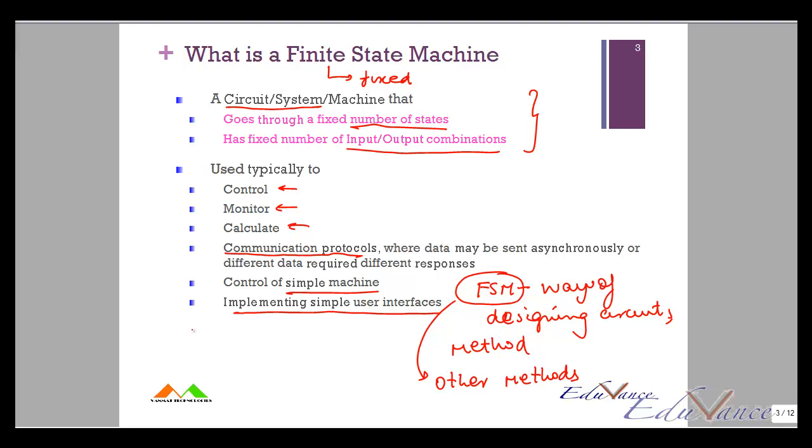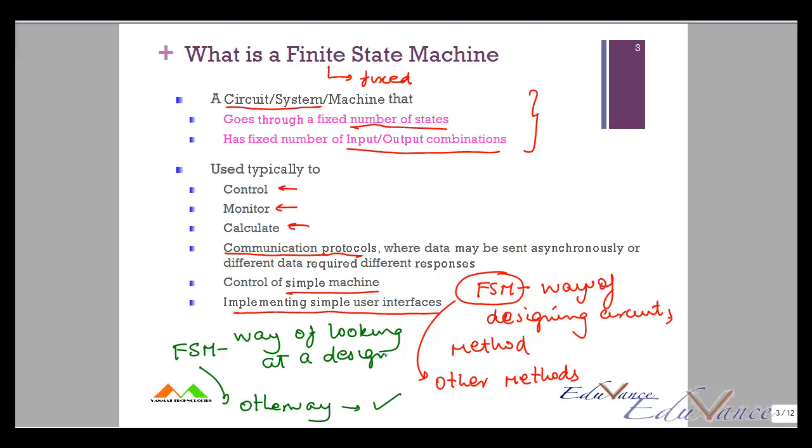So if somebody tells you that I have designed an FSM, then if you wish to design it in another method or another way, you can choose to do so. So in short, FSM is just a way of looking at a design, because if you can define a circuit that goes through a fixed number of states, then you can call it a FSM. I hope the basic definition is clear, but as we look at more examples, things will get clearer.